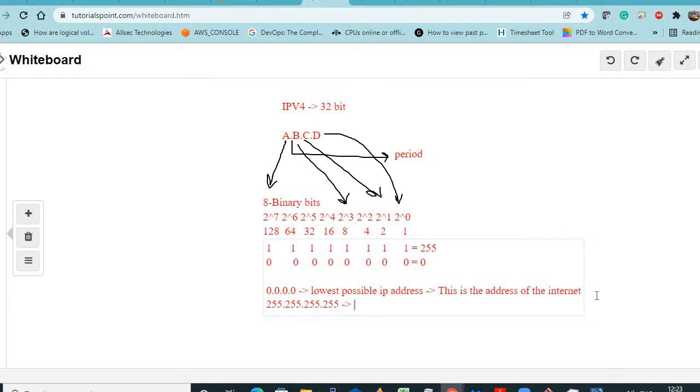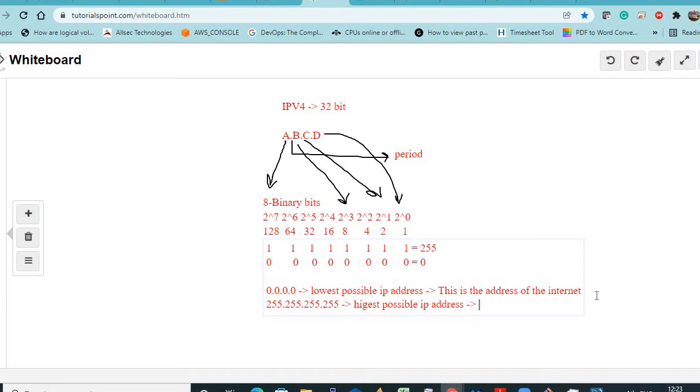This is the maximum, or say highest possible. Right? If all are true, that means it is 255.